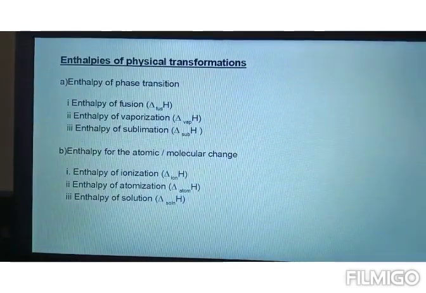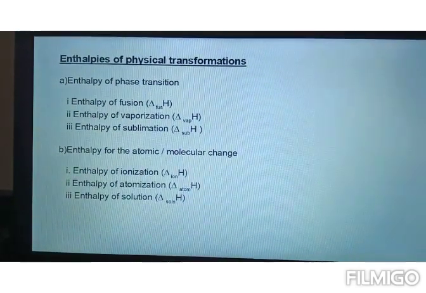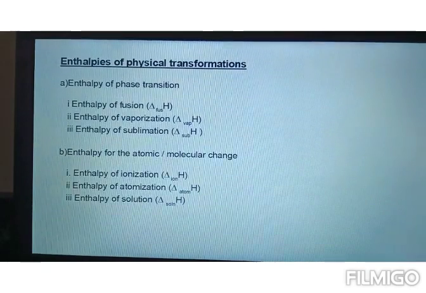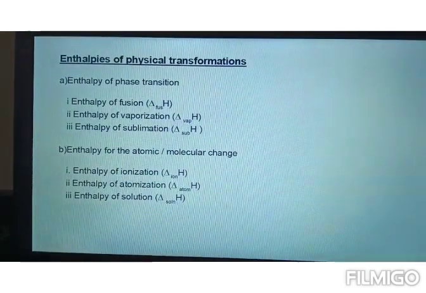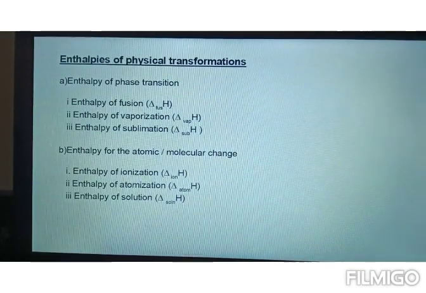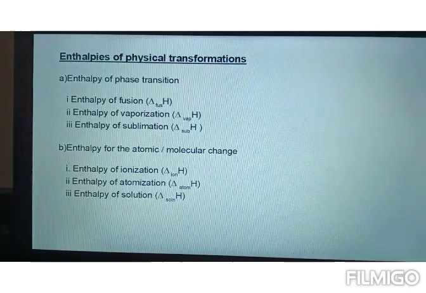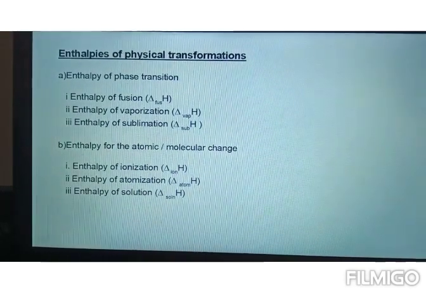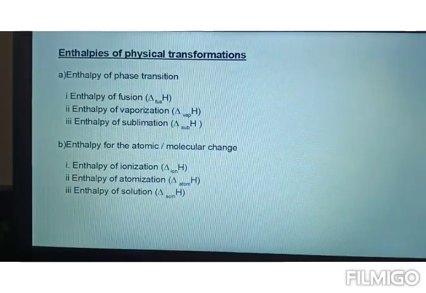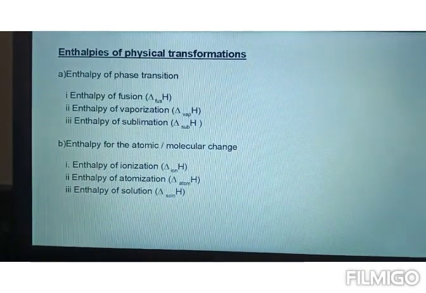All these changes of state from one state to another are known as phase transition. The enthalpy change or energy change associated with this phase transition is known as enthalpy of phase transition. Here we have three types of phase transitions: first is enthalpy of fusion, second enthalpy of vaporization, and third enthalpy of sublimation. We'll see in detail further.